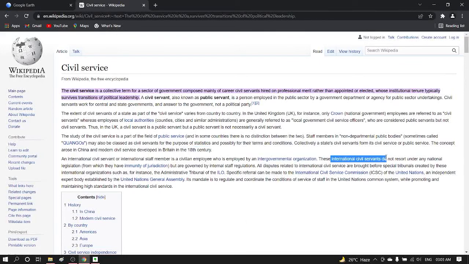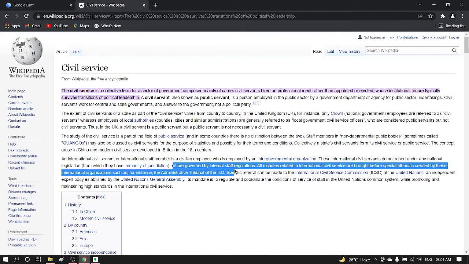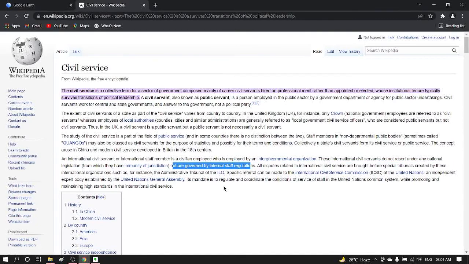These international civil servants do not resort under any national legislation, national laws, but are governed by internal staff regulations of the concerned international or intergovernmental organization, like United Nations. Okay, you've got different agencies under United Nations, like International Labour Organization.